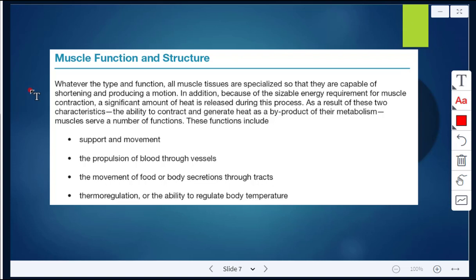As a result of these two characteristics, the ability to contract and generate heat as a byproduct of their metabolism, muscles serve a number of functions. We talked about support and movement, also the propulsion of blood through vessels, especially in the legs, the movement of food or body secretions through tracts, and thermoregulation, or the ability to regulate body temperature.